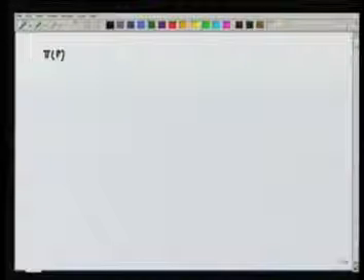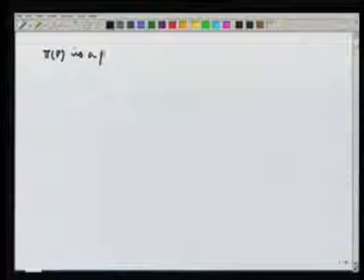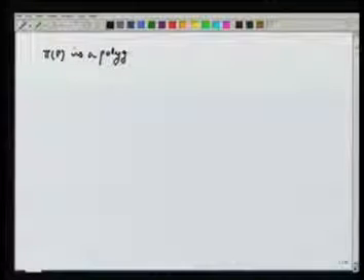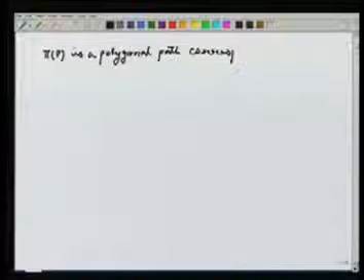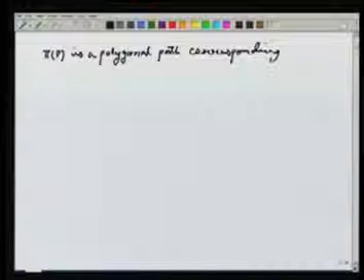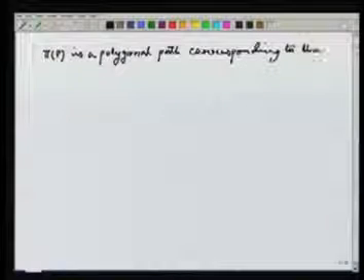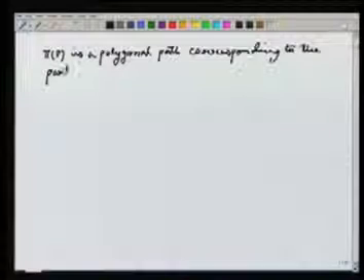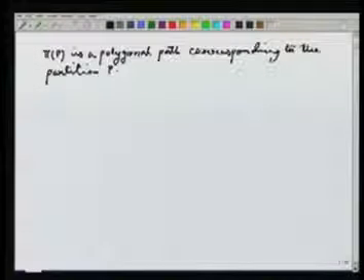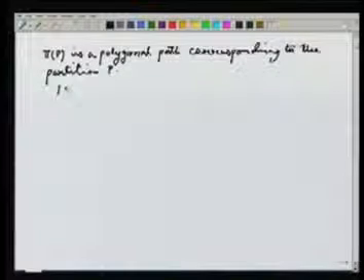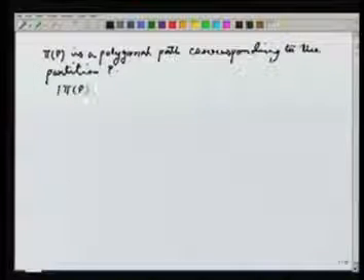Now let us denote this polygon by Π_P. So Π_P is a polygonal path corresponding to the partition P. And by |Π_P|, this is just a symbol, I am going to tell you what exactly is the meaning of this.